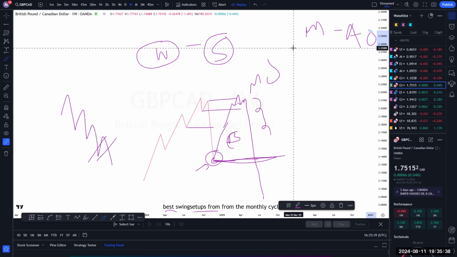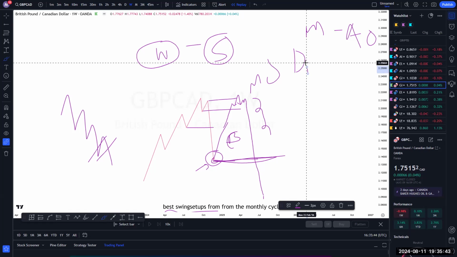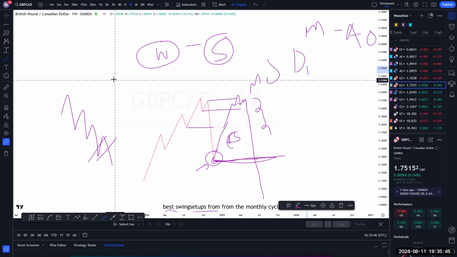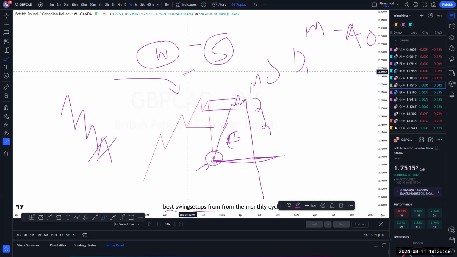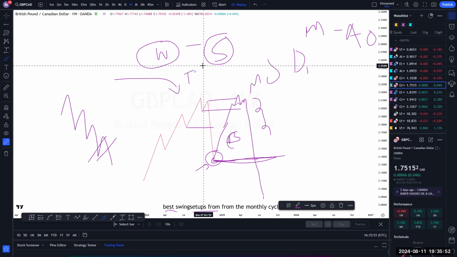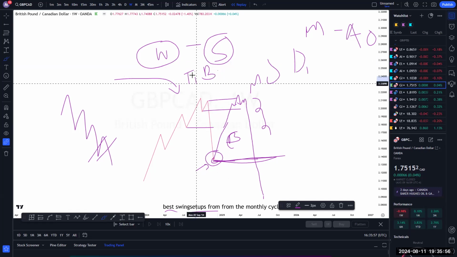We move now to the daily time frame. What do we need to do in the daily time frame? I forgot to explain: this is where we apply the time-based direction bias. Okay, the time-based direction bias.